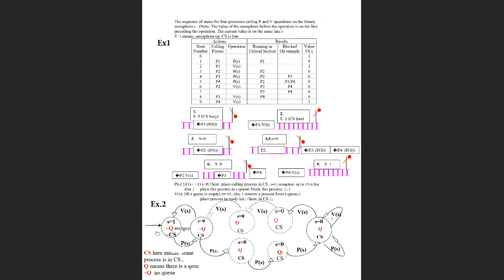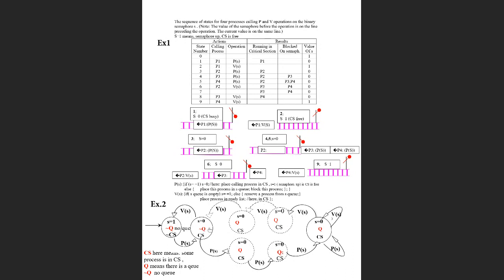When the process arrives, it executes the P of S function. What's happening with the state? Because a process has come and has been accepted, we have CS now. The state of critical section is CS, which means there is some process in critical section.